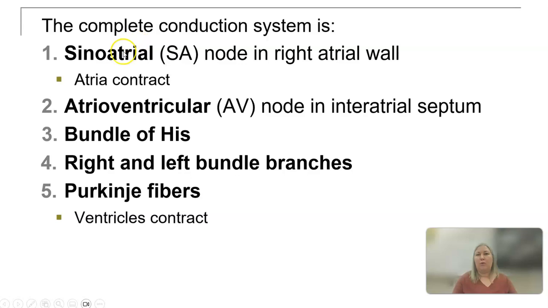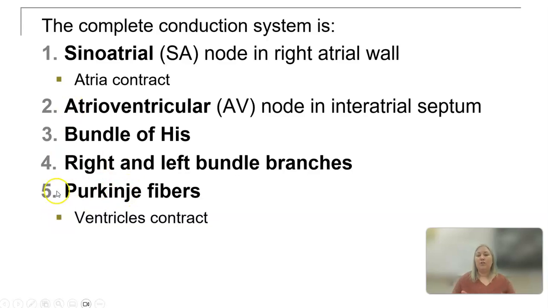After the SA node, the signal will kind of spread throughout the atria, and then it will cause the atria to contract. From there, it's going to travel to a second node in the interatrial septum called the atrioventricular node. Then it's going to travel through another nerve called the bundle of His, then split into right and left bundle branches, and then finally the Purkinje fibers that penetrate through the ventricular walls.